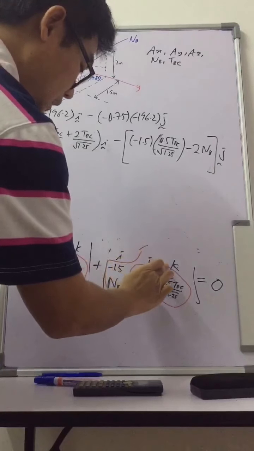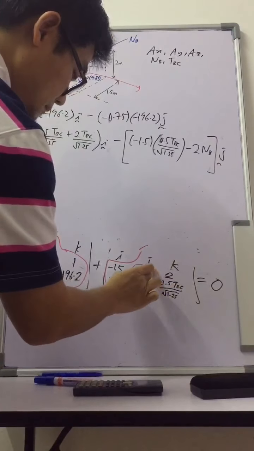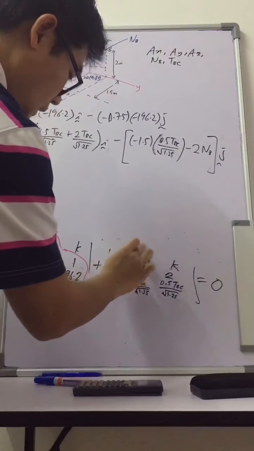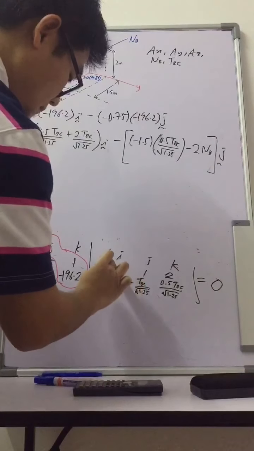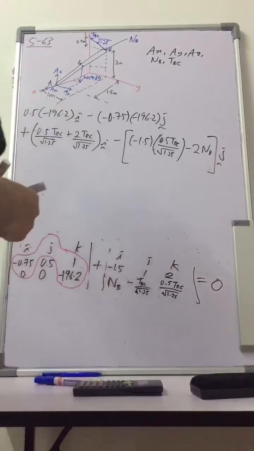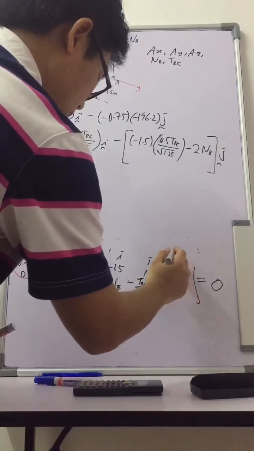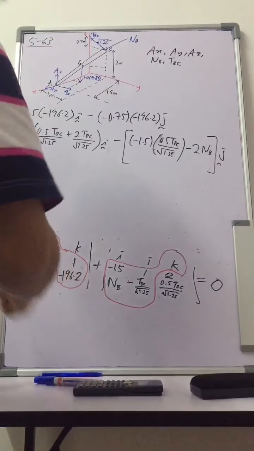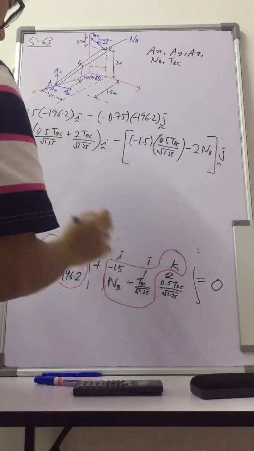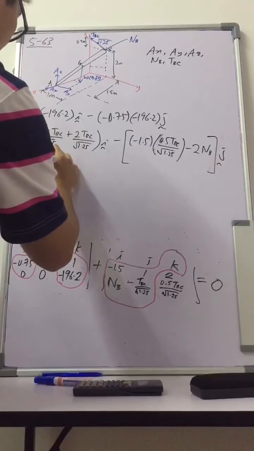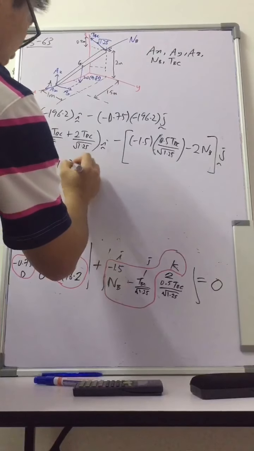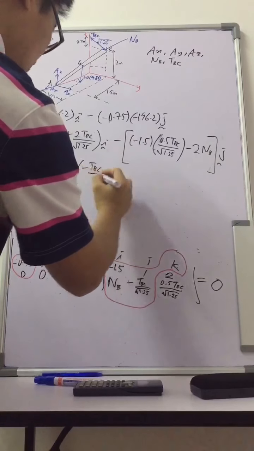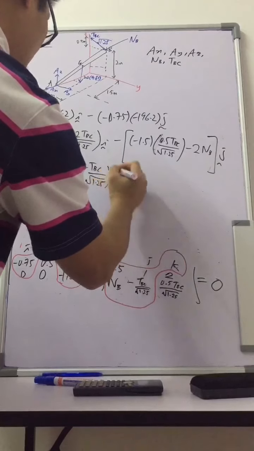Okay, and then next is k, the z component. The z component k will be minus 1.5 times minus TBC over root 1.25, right?